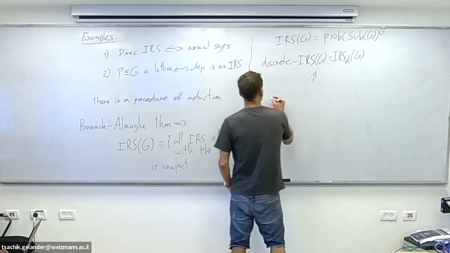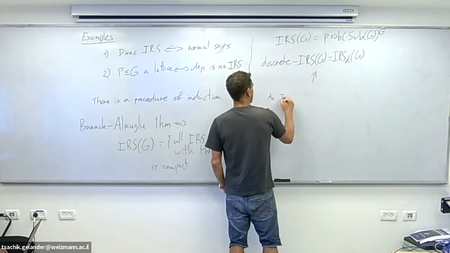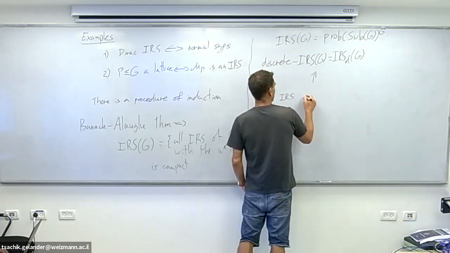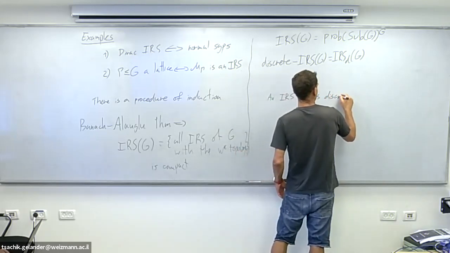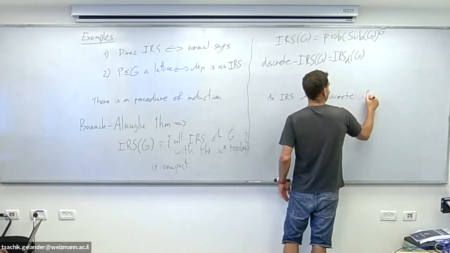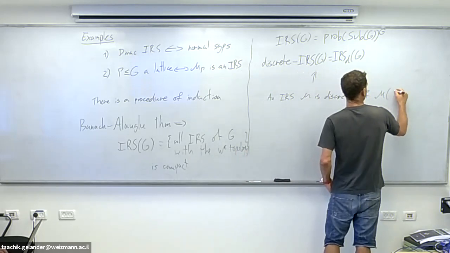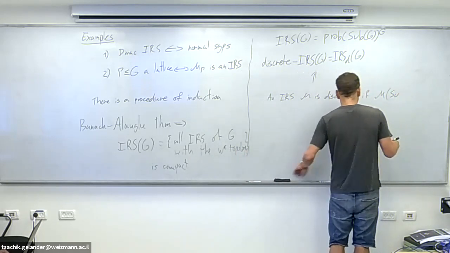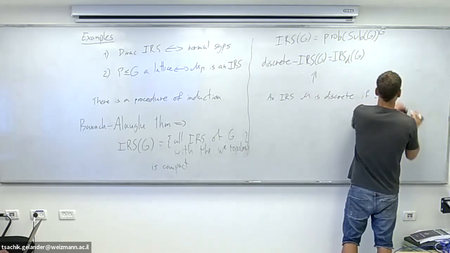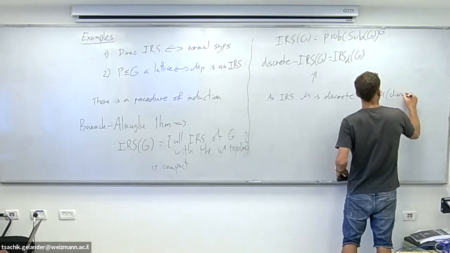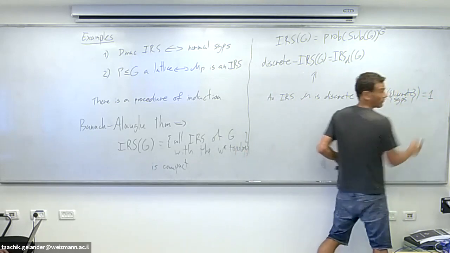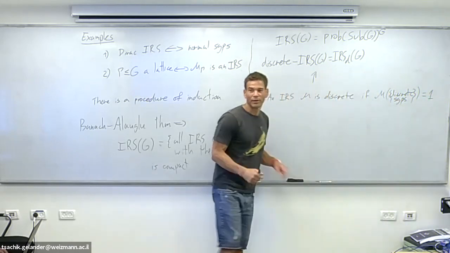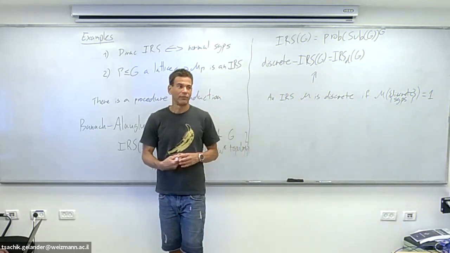So the definition: an IRS mu is discrete if mu of the set of all discrete subgroups is 1. With probability 1, when I take a random subgroup, I get a discrete group.